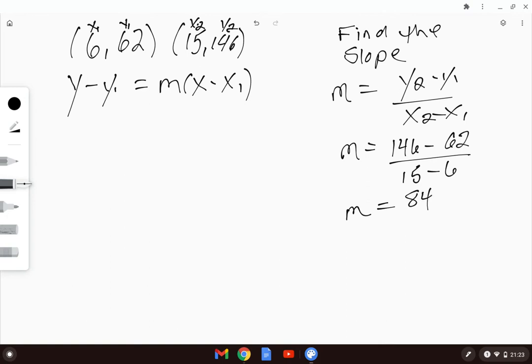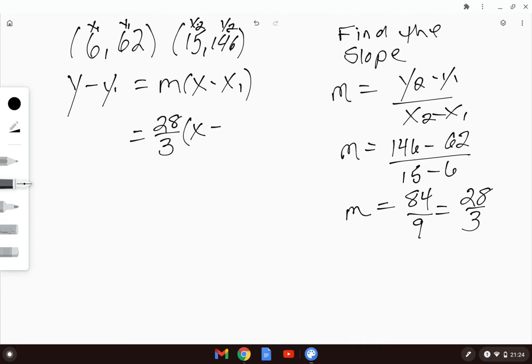So 146 minus 62 is 84. 15 minus 6 is 9. Now, both of these numbers here, 84 and 9, can be further simplified by the number 3. So that's going to leave me with 28 thirds. So my slope here, my m value is going to be 28 thirds.